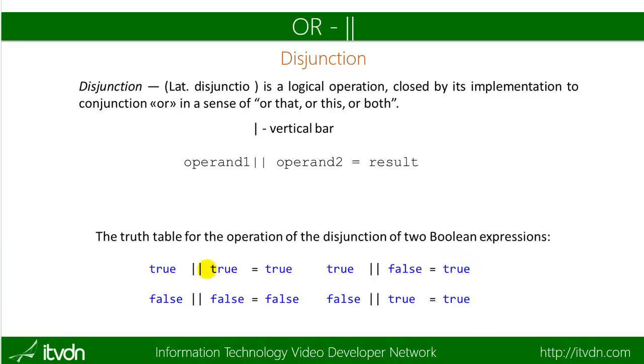If both of them are true, then we have true. If both of them are false, we have false. And if only one of them is true, we'll still get true. It doesn't matter if it's the first one or the second one, we'll still get a true result. So, contrary to conjunction, in disjunction, either one of them should be true for the result to be true.